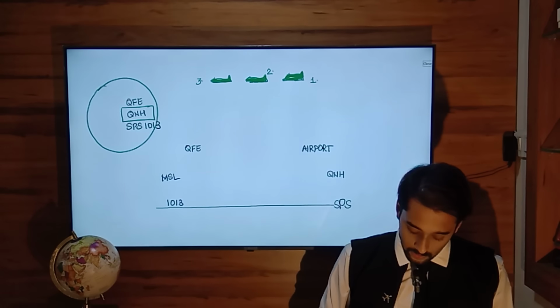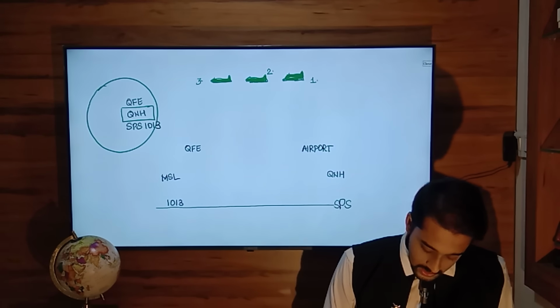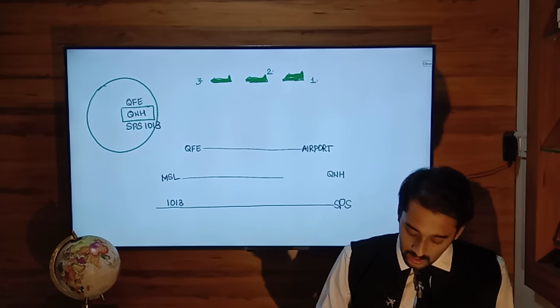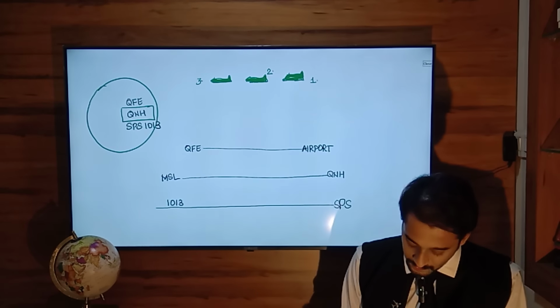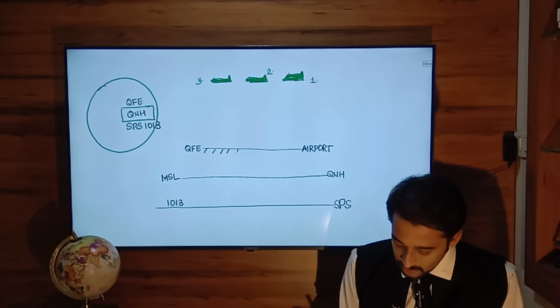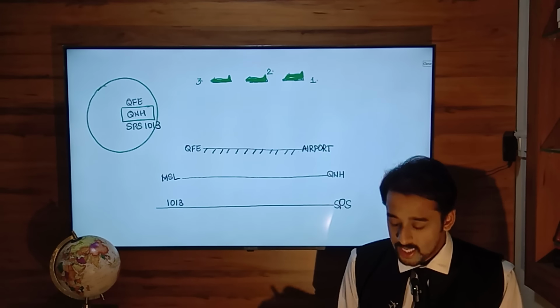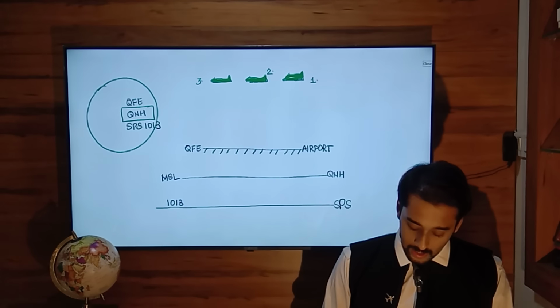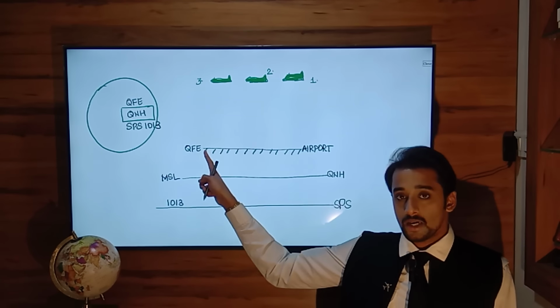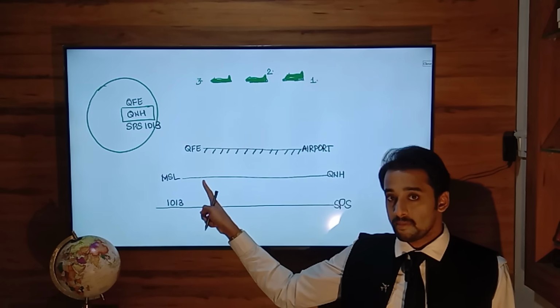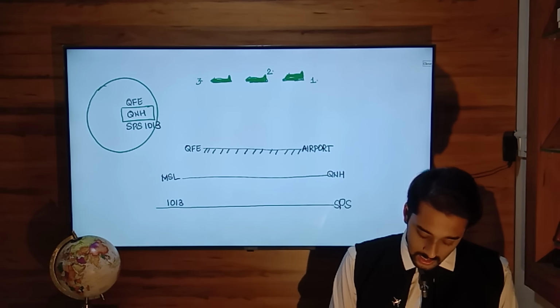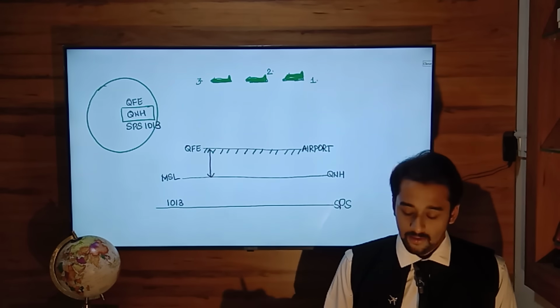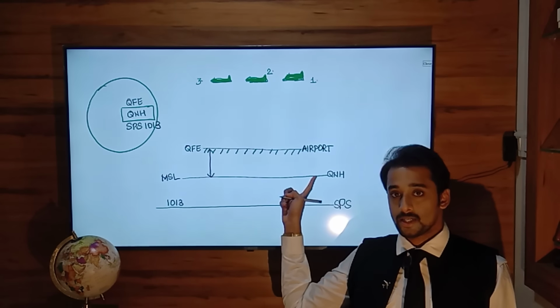So let's draw this. This is your airport ground surface, and the pressure existing at the airport is called QFE, aerodrome level pressure. Then aerodrome level pressure reduced to mean sea level, meaning converted to mean sea level, gives you QNH pressure.